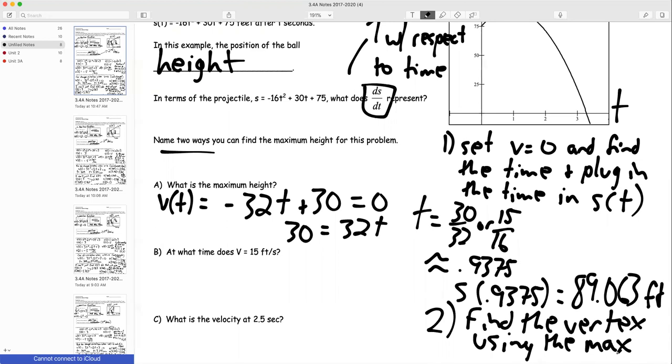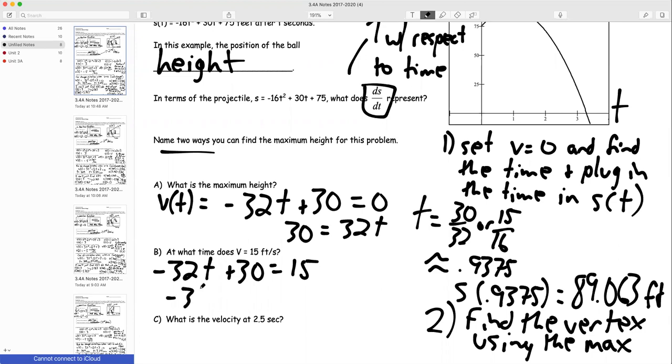Okay. Now we're going to do a little quick hits here. Part B. At what time does velocity equal 15 feet per second? So what I need to do here is take my velocity equation, negative 32t plus 30, and set it equal to 15. And I want to find the time. So I'm going to subtract 30.